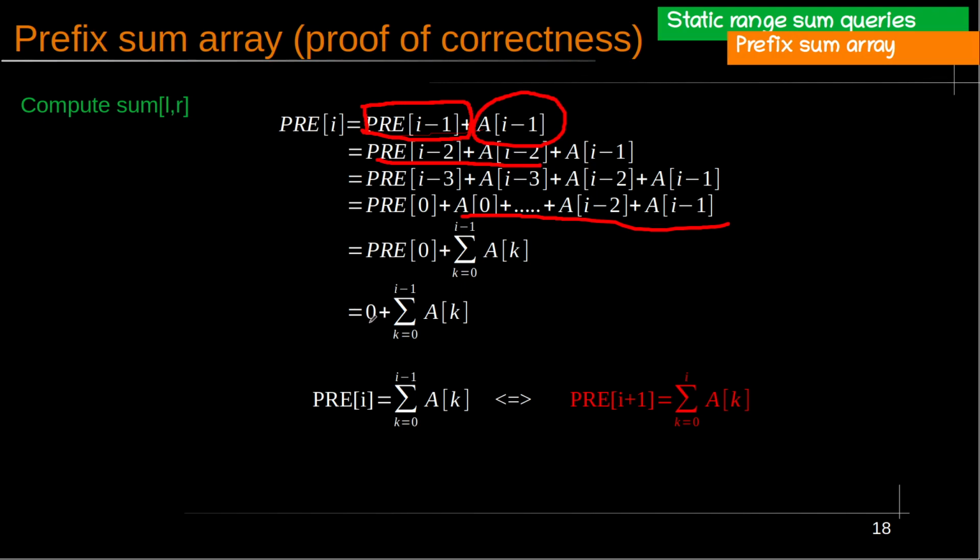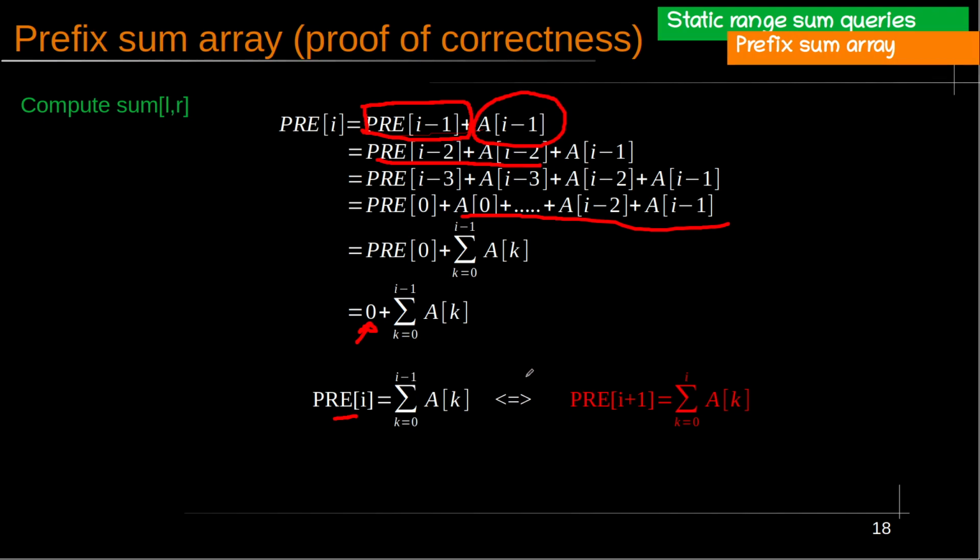And we know that prefix of 0 is equal to 0. So the prefix of I is equal to the sum from k equals 0 to I minus 1 of A at k.